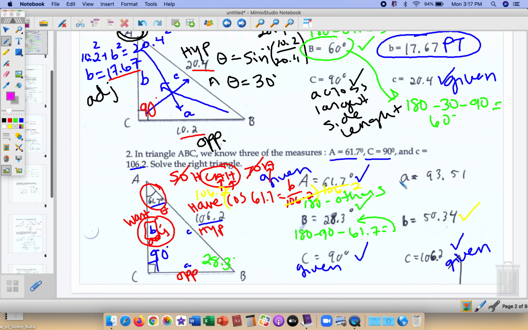So to find A, if it's our last side, if we know that this is 50.34, we could do 50.34 squared plus A squared is equal to 106.2 squared. And then when we solve for A, we get 93.51.